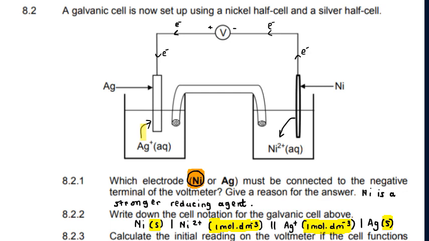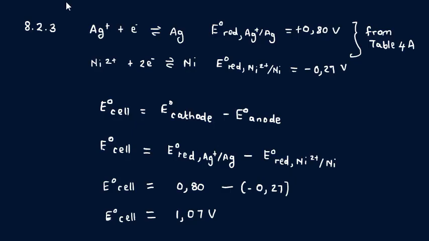Now let's go to our half reactions to explain why. Just focus on this reduction half reaction for silver. They said that we are increasing the amount of silver plus ions in solution.